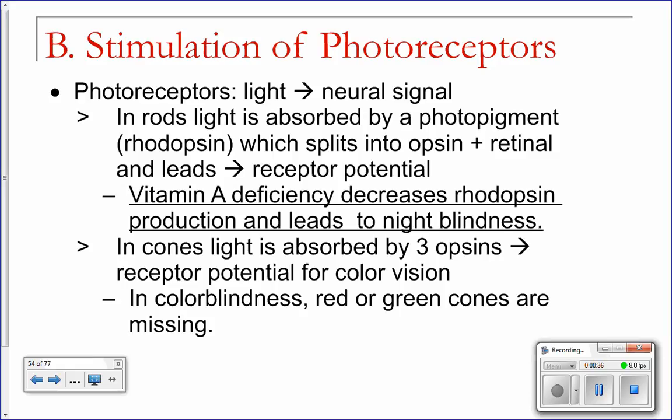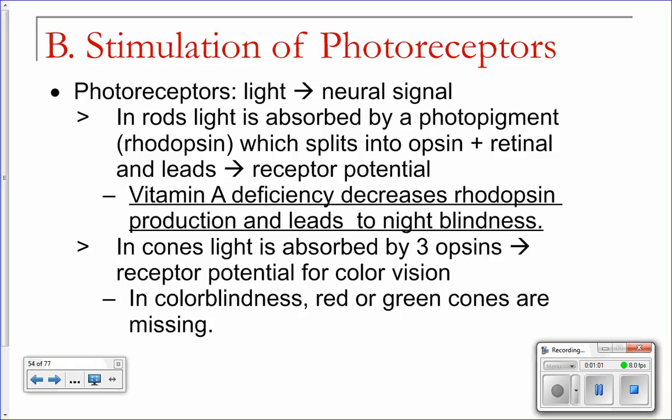Well, in your rods and your cones, you have photopigments, pigments that absorb light. In your rods, you have a photopigment called rhodopsin, okay? And it's made out of two pieces. You've got a retinol piece that's made out of vitamin A, and then you've got an opsin piece, and those two are typically joined together.